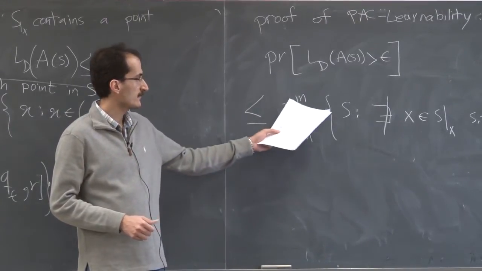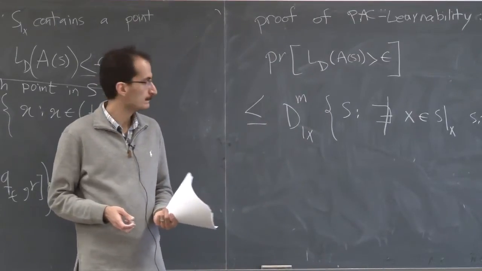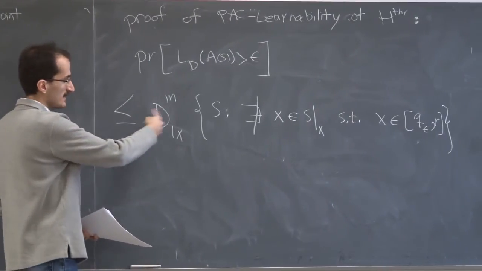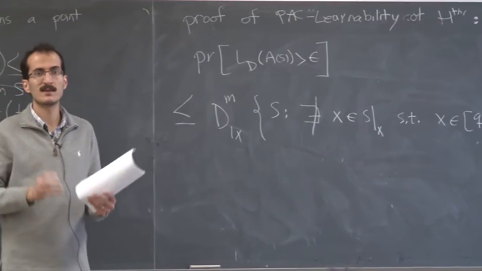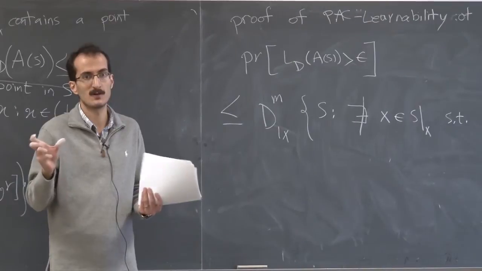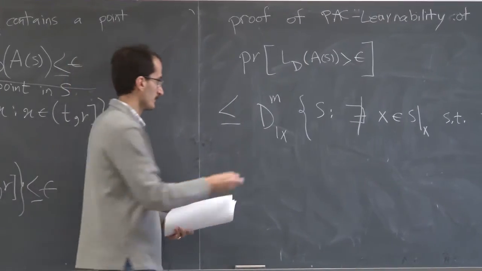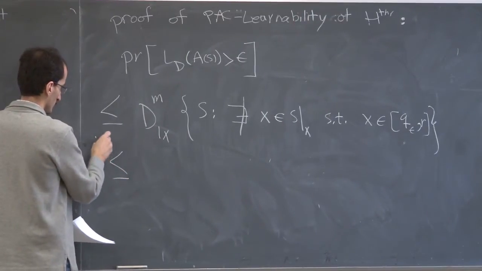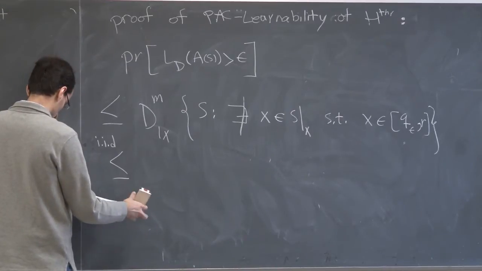And this is M, which means I generate a sample of size M. Now, because these samples are IID, we can multiply the probabilities that each of them is not in that interval to compute the whole probability. So that's the IID assumption.